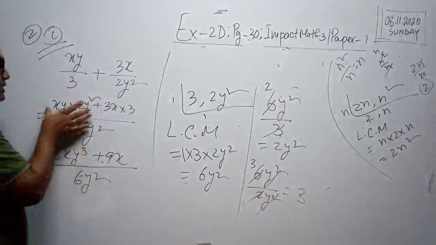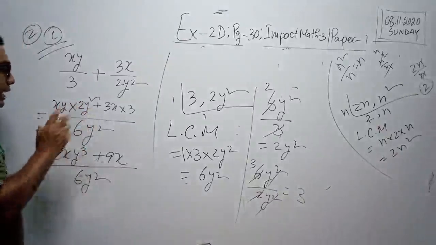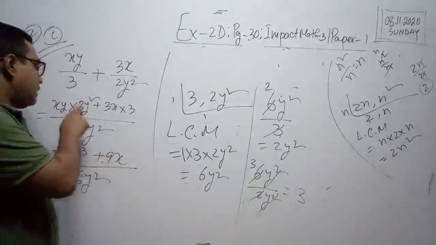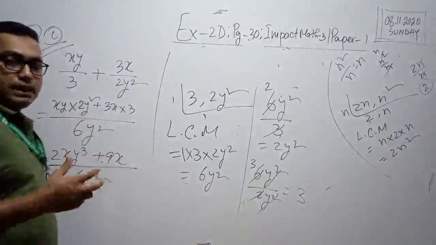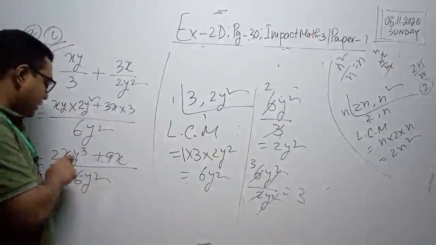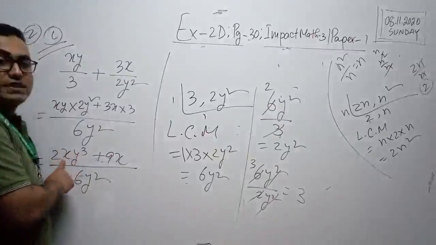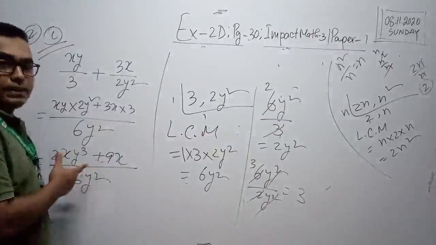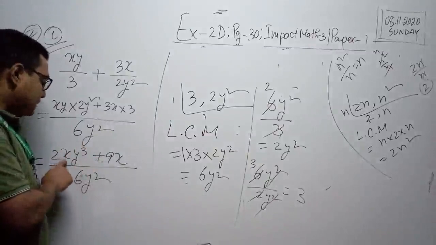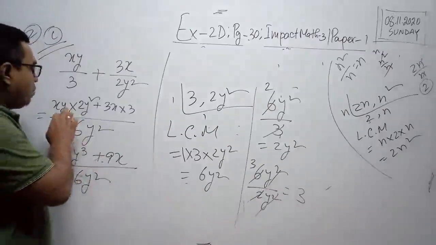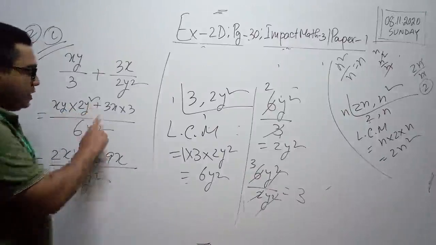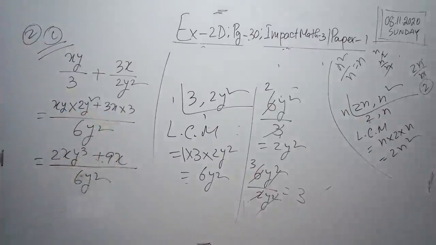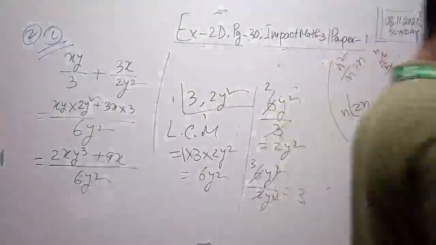Now just simplify them. To arrange the multiplication among them, first of all write the constant term. It is not mandatory to write x first and y second, but alphabetically it is better. That is why I wrote x multiplied by y cube, y and y square, y cube, plus sign here, 3 and 3, 9 and x. Then this is the simplified form of this math.